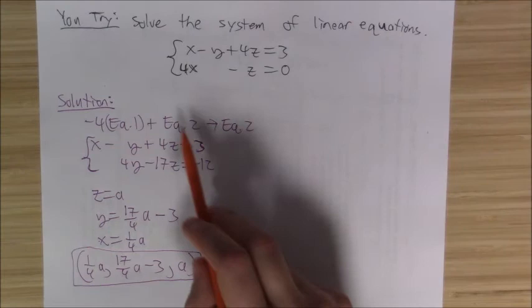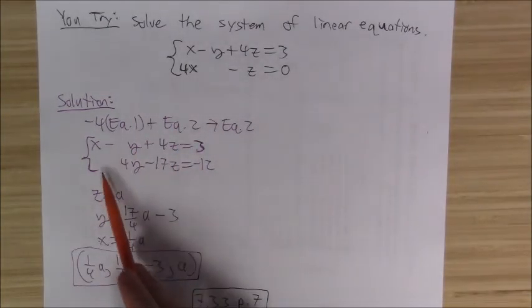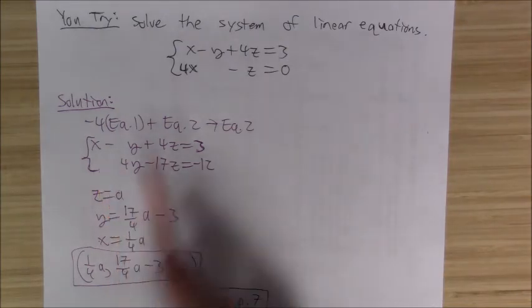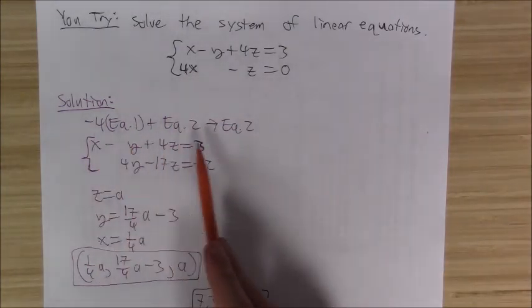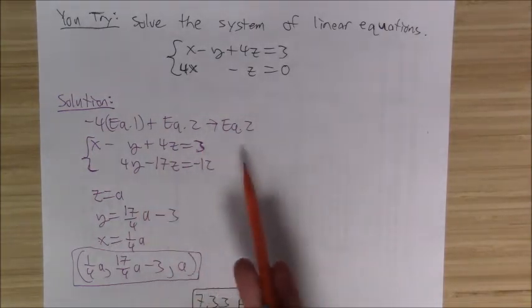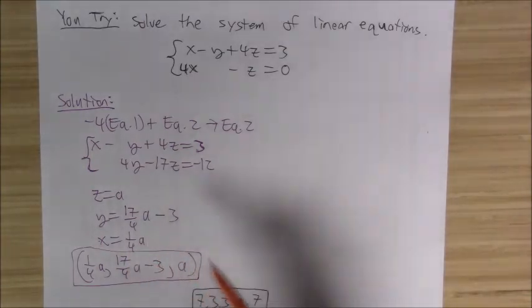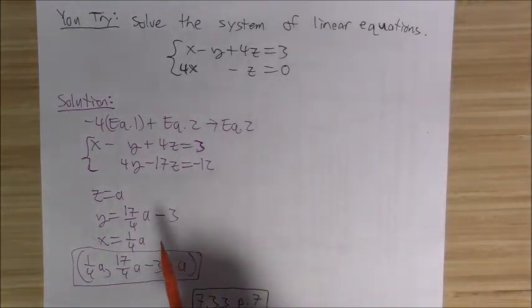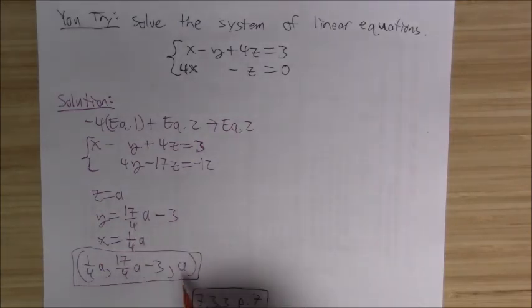So we see that going through, we eliminate the x in the second equation by adding -4 times equation 1 to equation 2 to get a new equation 2. We let z be a. We solve out for y and x. Yes, there are some fractions, but we can handle that. And so we end up with this as our solution.